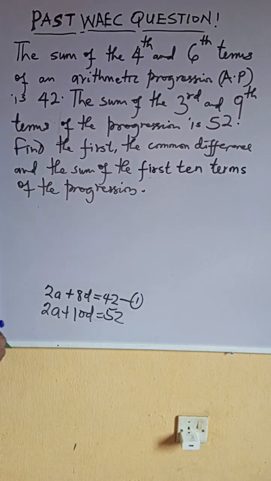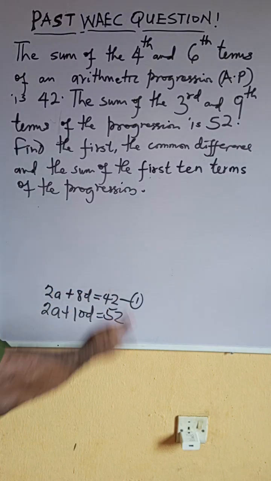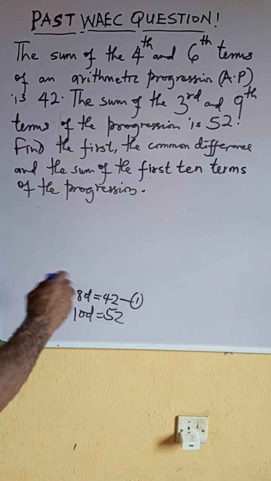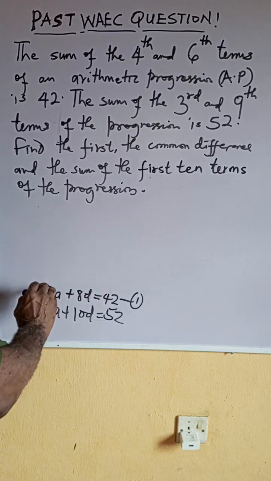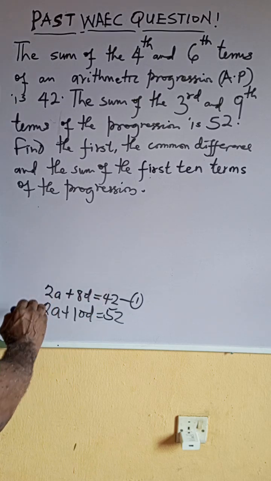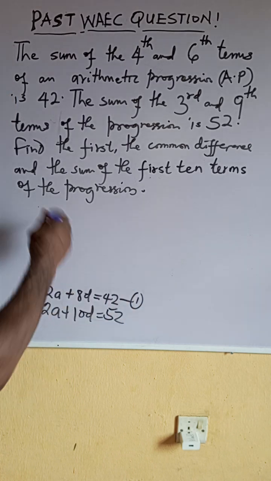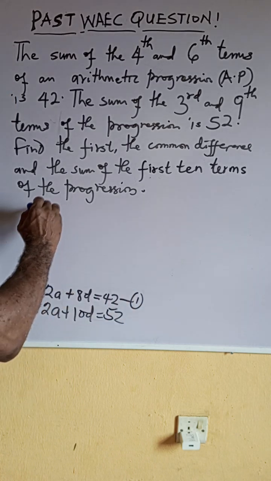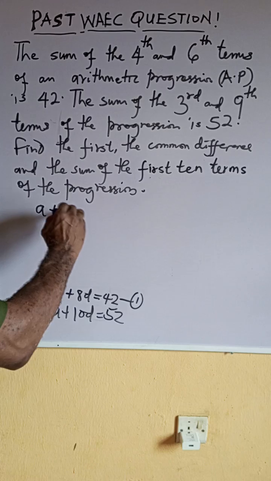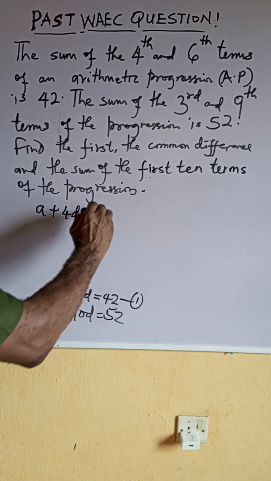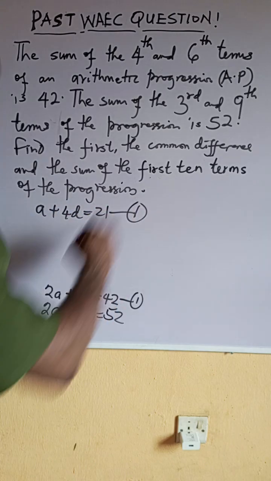Now, at this point, let me reduce them by dividing by 2. If I divide through by 2 here, I'll have that A plus 4D is equal to 21. This is still our equation 1.